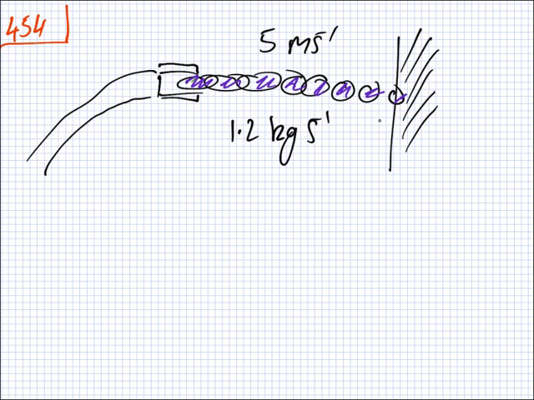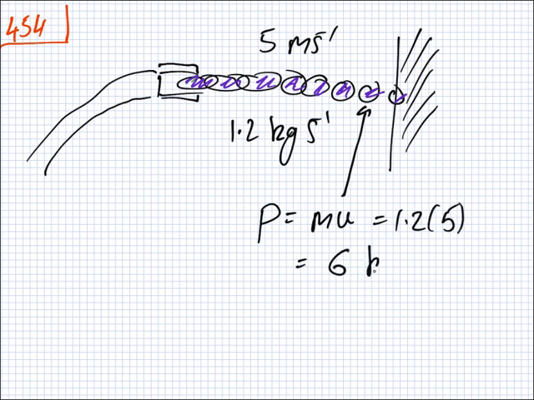Okay, so the water, just before it hits the wall, its momentum would be mu, which would be 1.2 times 5, which is 6 kilogram meters per second. Now, are they going to ask me what is the momentum after it hits the wall, or is that too obvious?